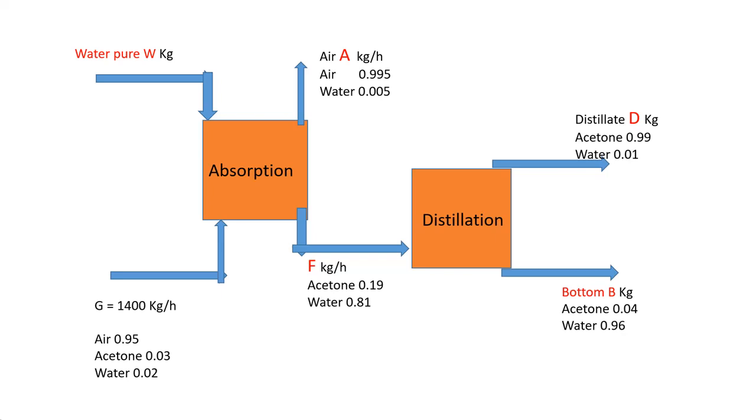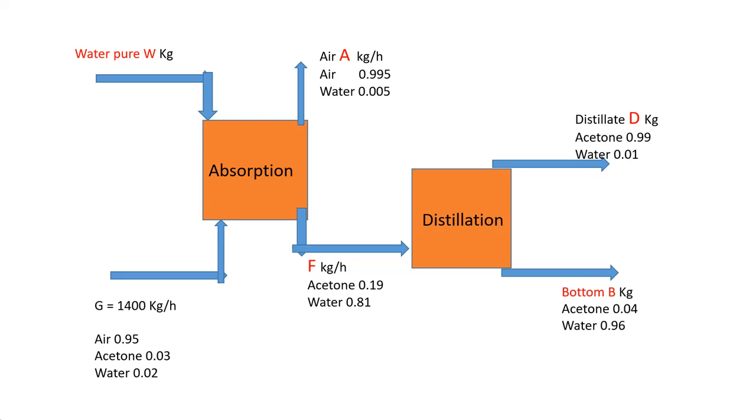An acetone recovery system is having the flow sheet as shown in the figure. All concentrations are in weight percentage for both gases as well as liquids, to make the calculations simple. If G is equal to 1400 kg per hour, calculate the values of A, F, W, B and D per hour.